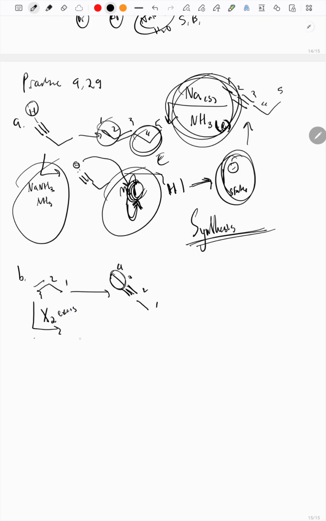What does that look like? If we do it, this should basically look like Br2, Br, Br, Br, Br.